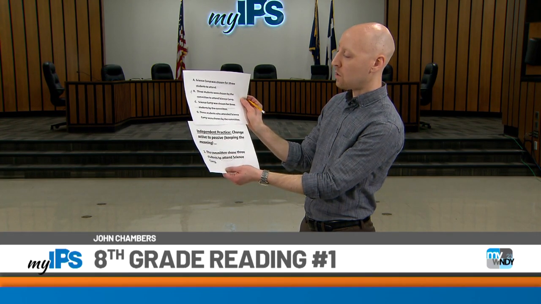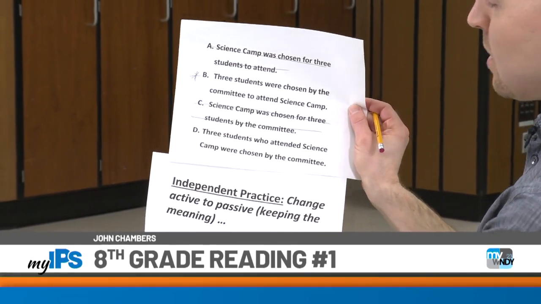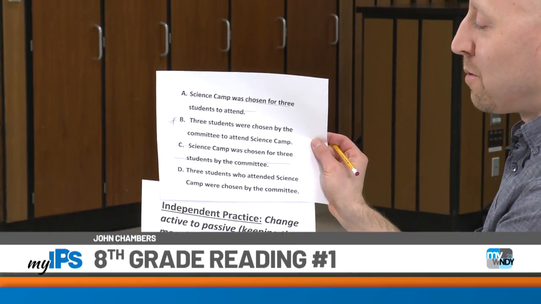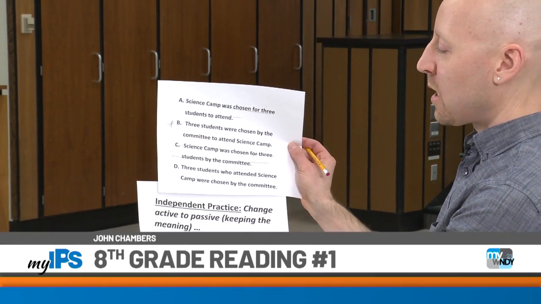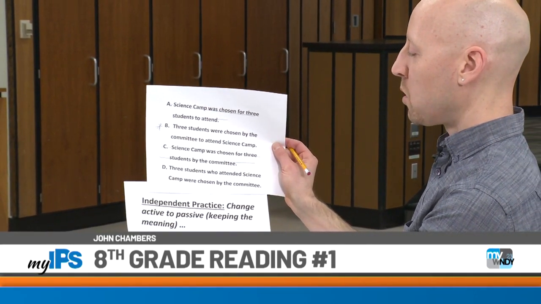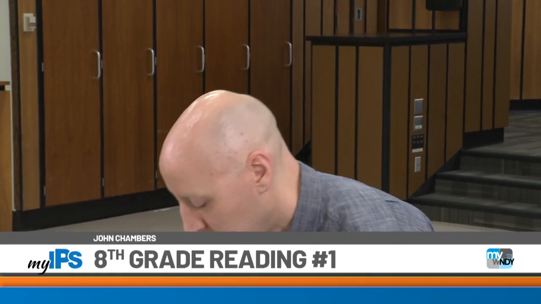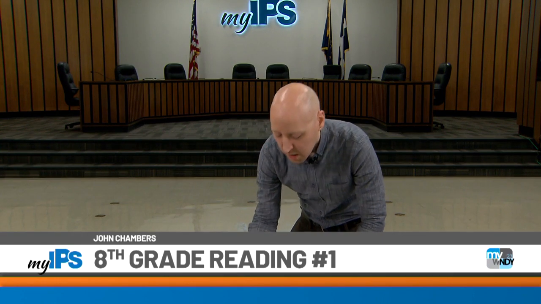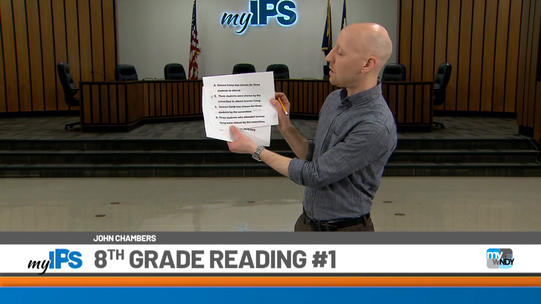So that's the only thing that's tricky about this, because it just says they attended and they were chosen, but did the committee choose them to make up a riddle, to enter a contest? We don't know. It just says they were chosen. So that, again, changes the meaning, and I'm going to cross it out. And we are left with B. 3 students were chosen by the committee to attend science camp.